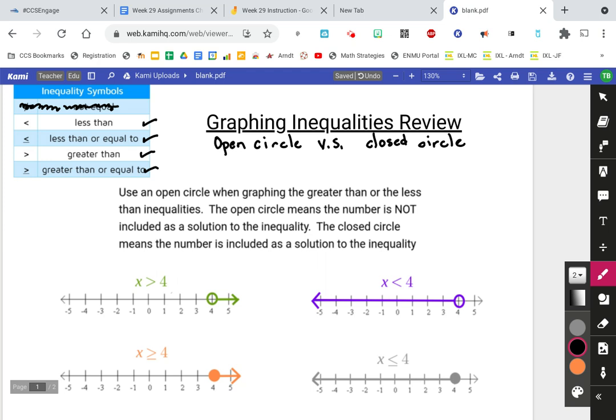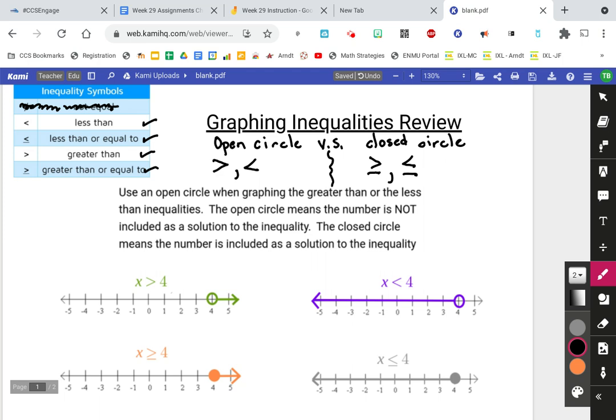And a closed circle is a circle with the center painted. And we said we use an open circle when we have the greater than or the less than symbol, and we use the closed circle when we have the greater than or equal to symbol and the less than or equal to symbol. For instance, here are some inequalities graphed below.